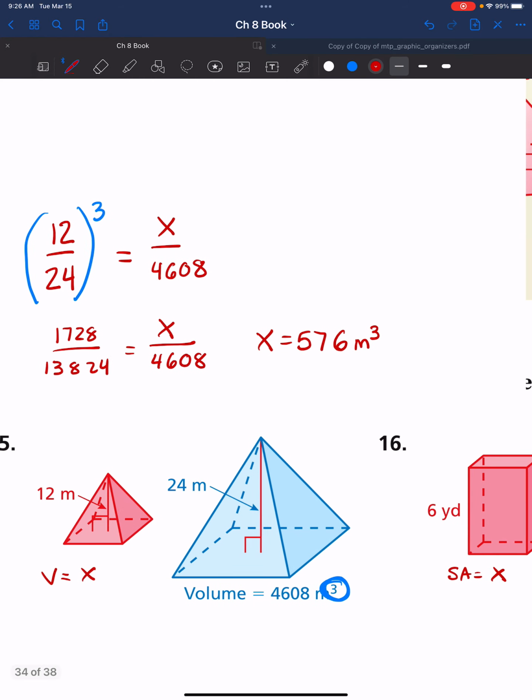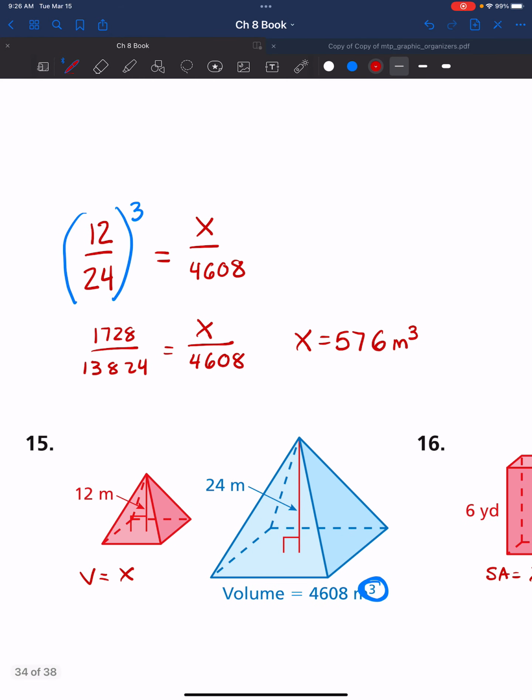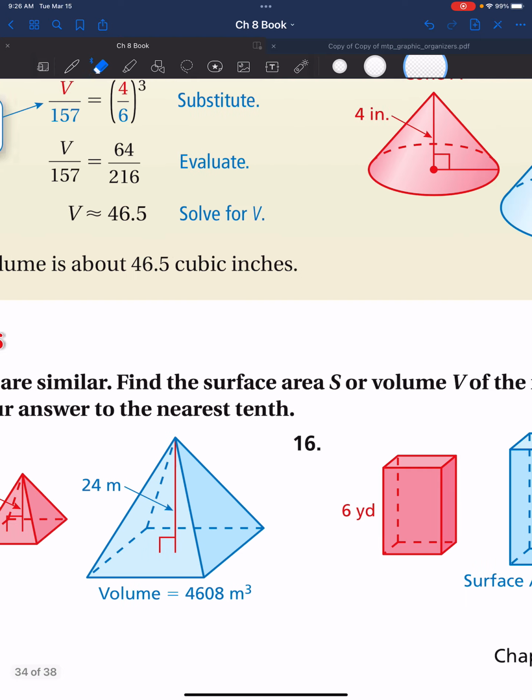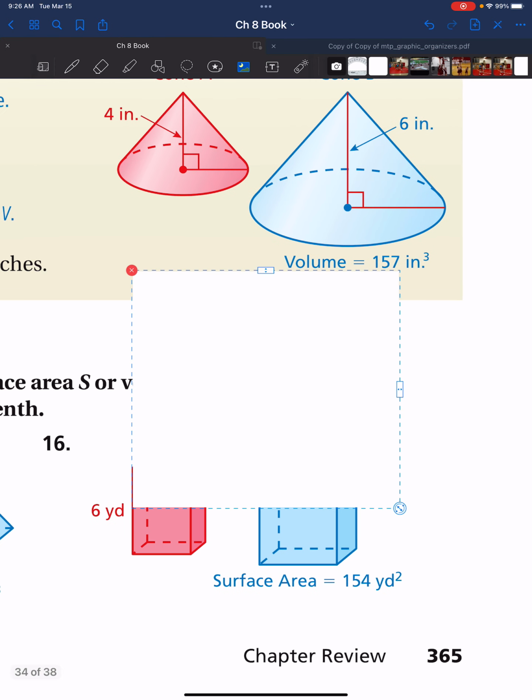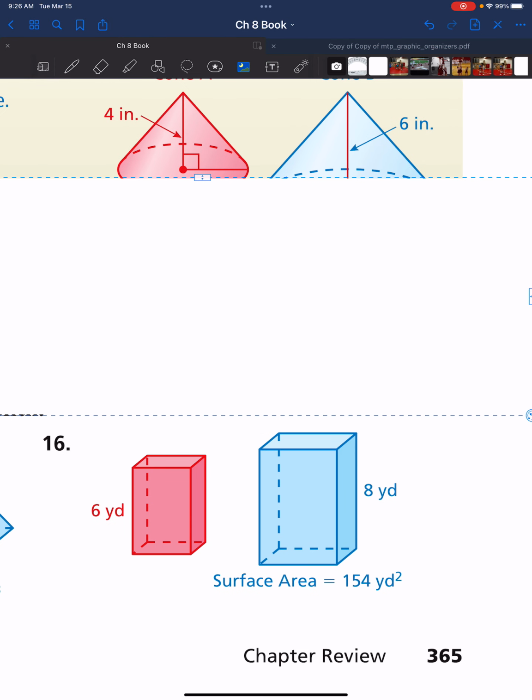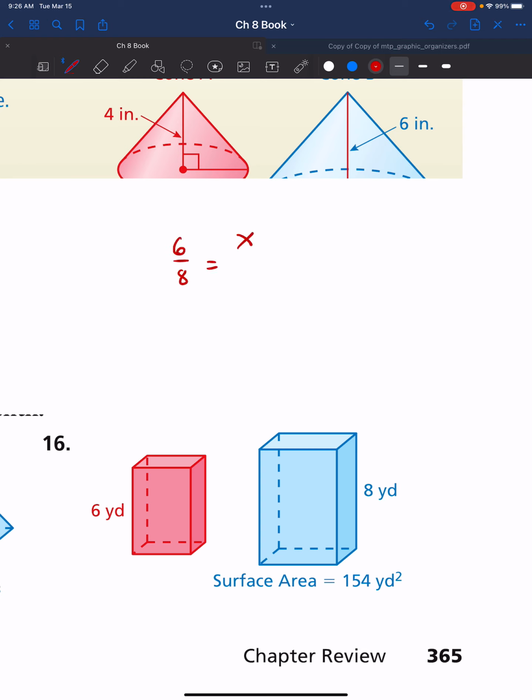And instead of cubing it like I did over here, I need to square it. Okay, so I'm going to have 6 is to 8 as my unknown surface area is to 154. Remember, surface area is always squared, so that means I'm going to take these and square it. 6 times 6 is 36. 8 times 8 is 48.